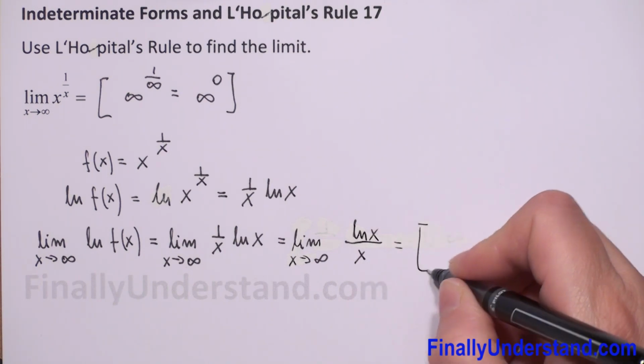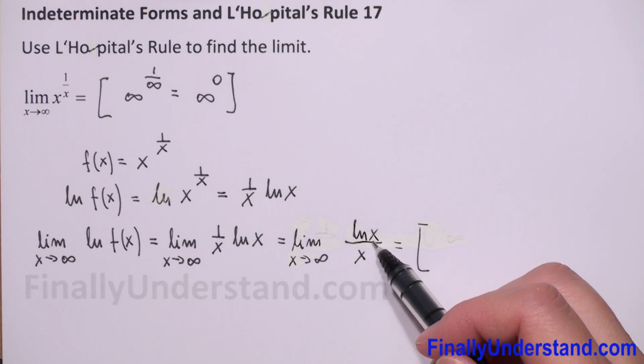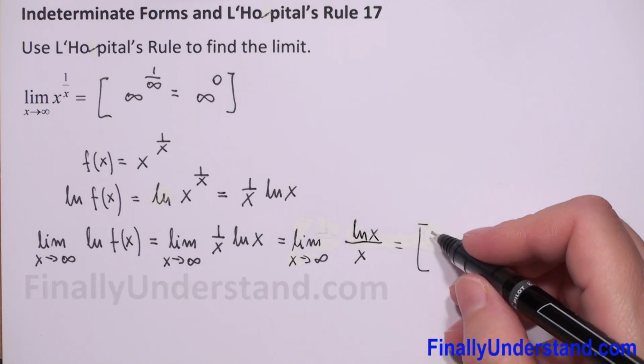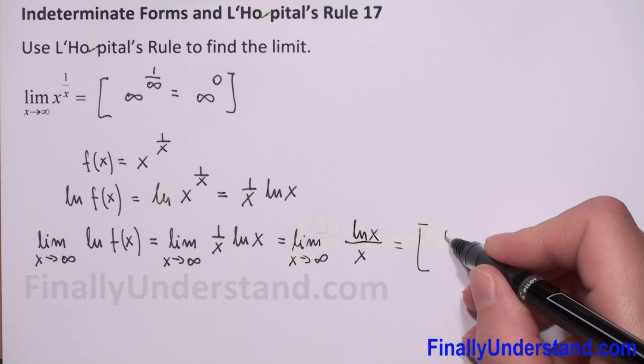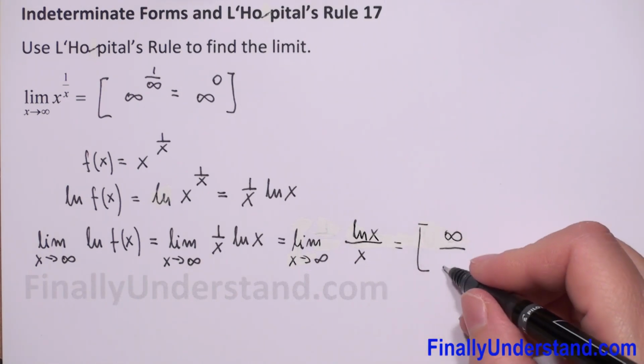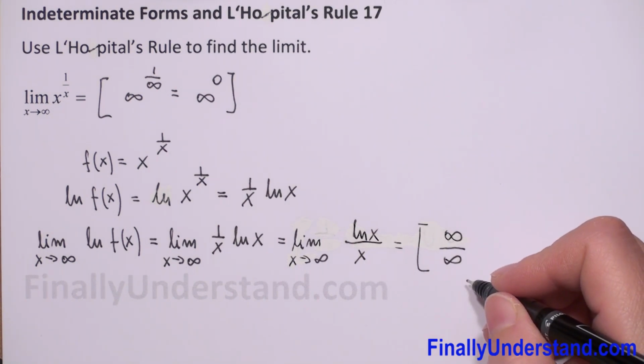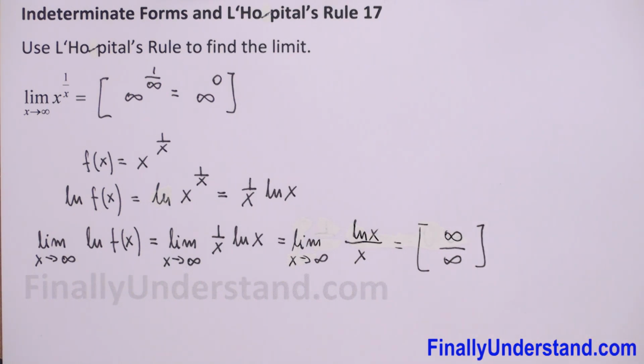So now let's check what we have when we substitute x's by infinity. We will have natural log of infinity, which is infinity, and in the denominator we have infinity. When we have infinity over infinity, we can use L'Hopital's rule to find the limit.